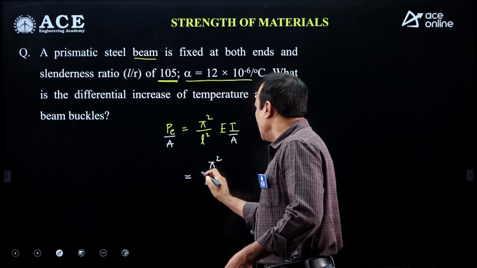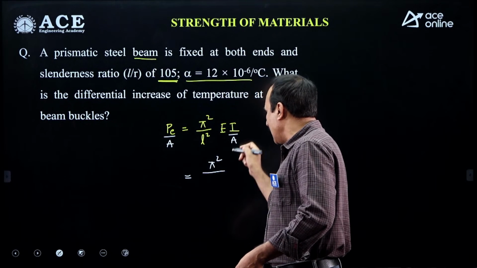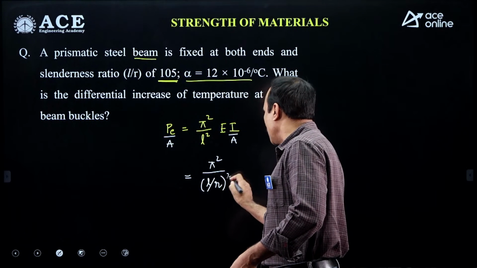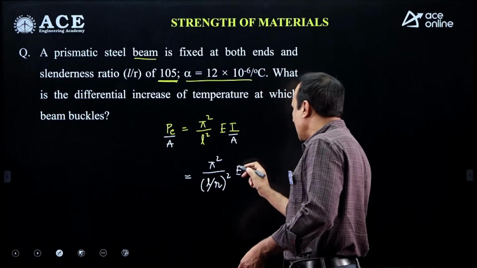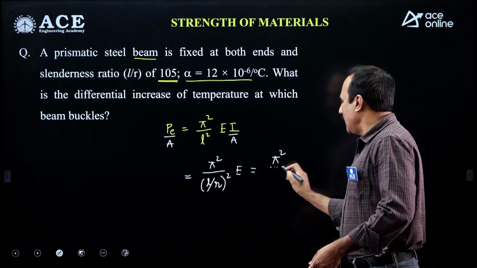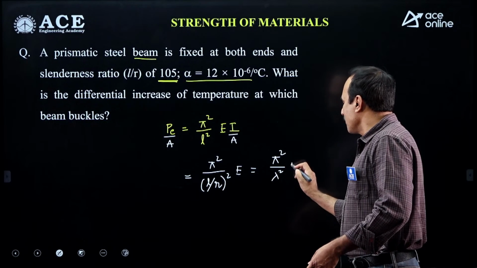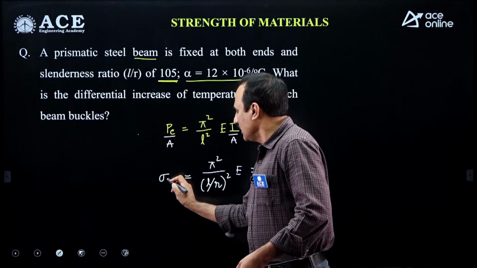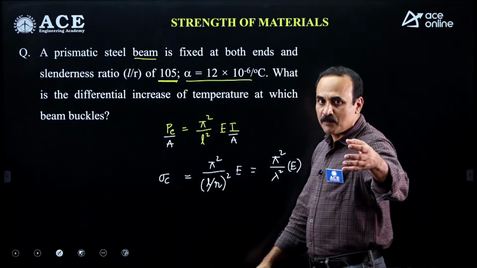If you bring that I by A, r square, to the denominator, it becomes L by r whole square into Young's modulus. This L by r is nothing but our slenderness ratio. So pi square by lambda square into Young's modulus will be the critical stress at which the column is buckling.